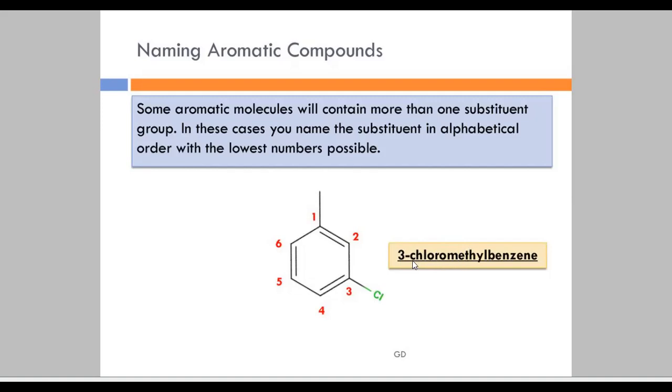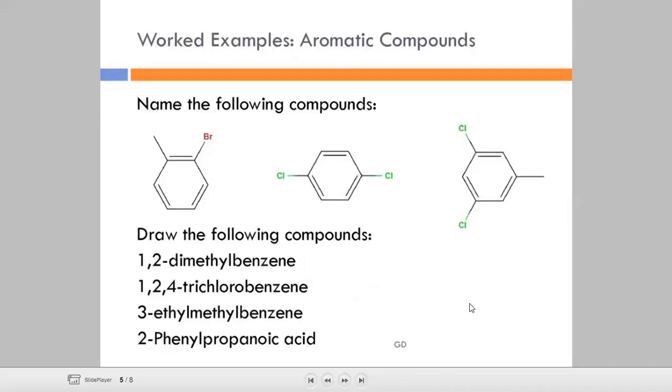It just means that it has a letter that follows the alphabetical order. So I have 3-chloromethylbenzene. I don't state a number for the methyl because it's automatically in carbon number 1, as I mentioned to you before. Okay, so let's practice this.